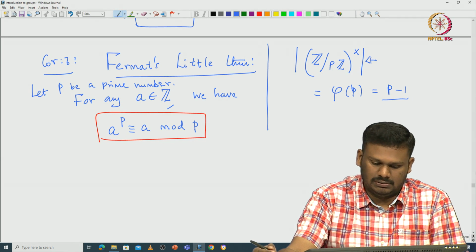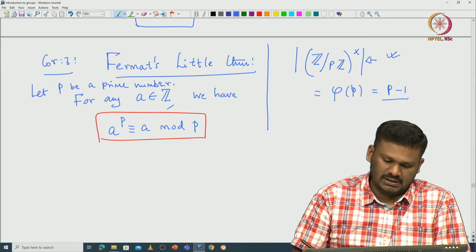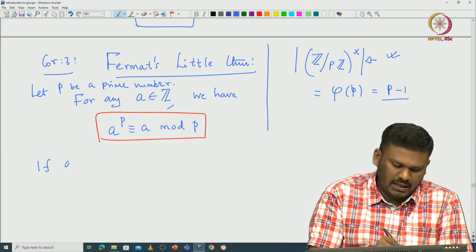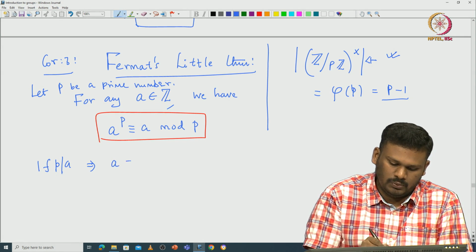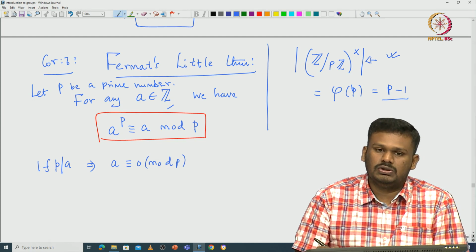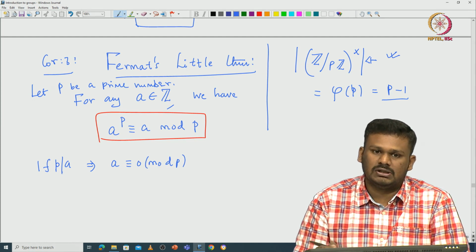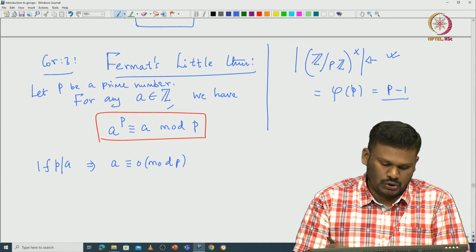Now we will use this group to prove the theorem. If p divides a, there is nothing to prove, because a is congruent to 0 modulo p, and then a power p is also congruent to 0 modulo p. So 0 is congruent to 0, and there is no issue.